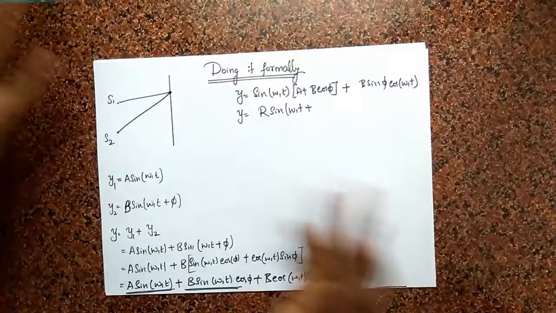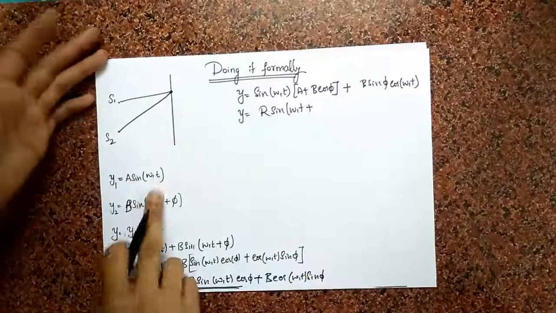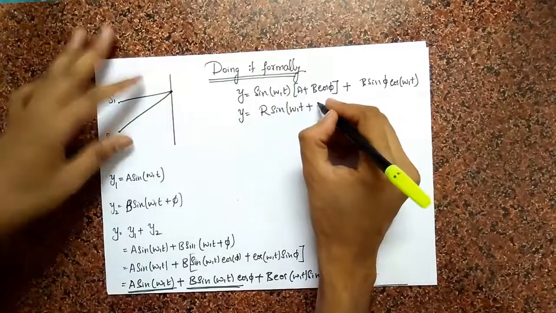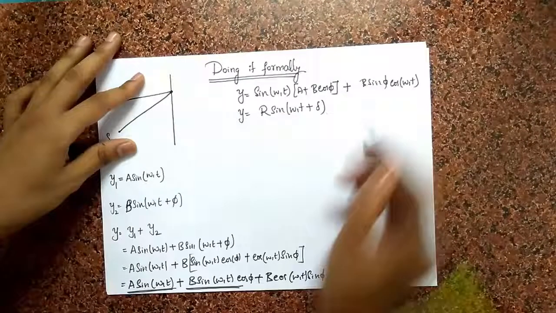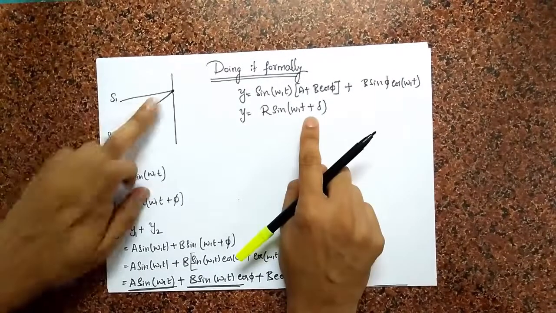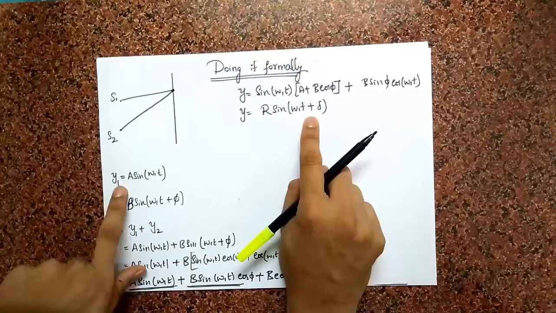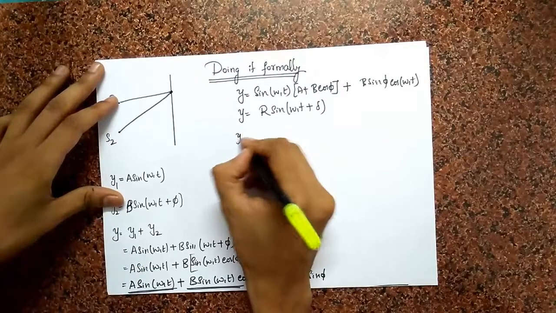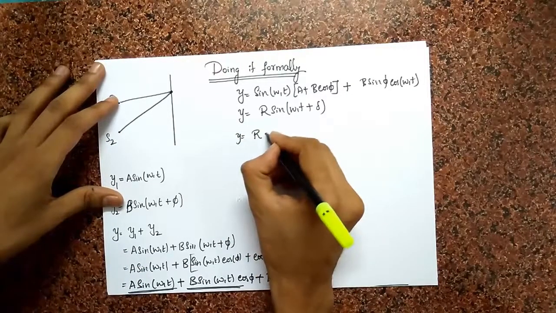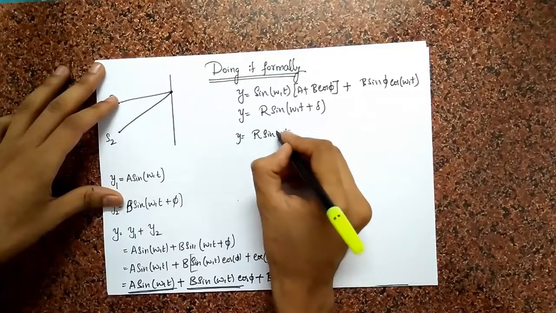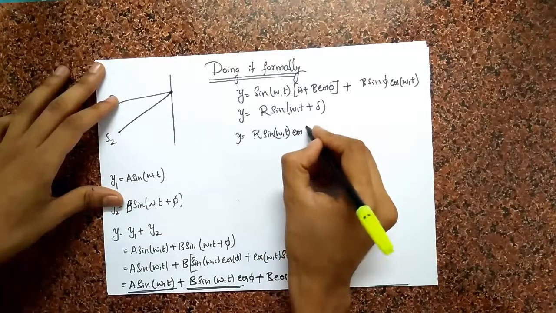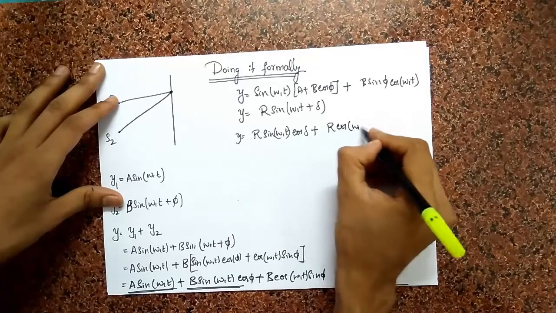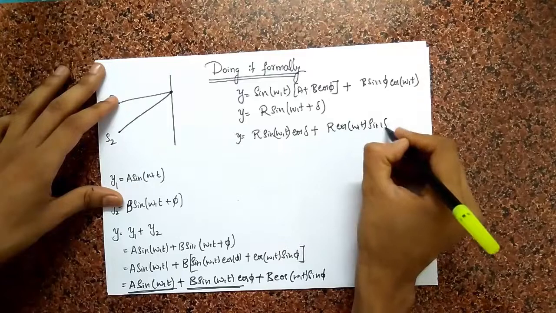I don't know what the new phase difference is going to be, but it will have some phase difference compared to this original wave. Let's just call it delta. That's the phase difference that the resulting wave is going to have with respect to y1. Okay, let me now expand this: r sine omega 1t cos delta plus r cos omega 1t sine delta.